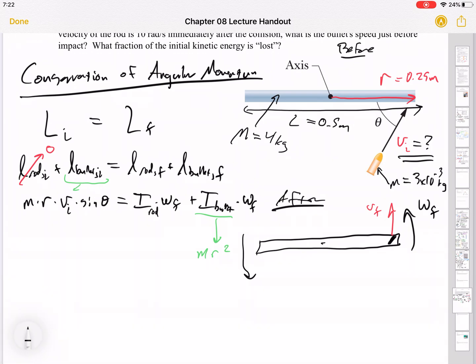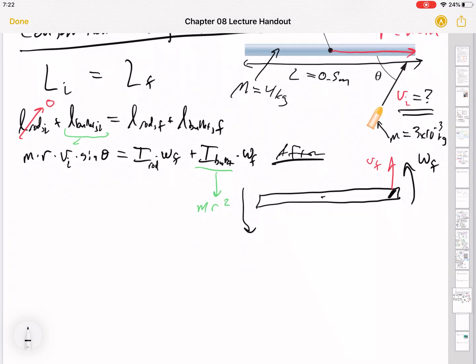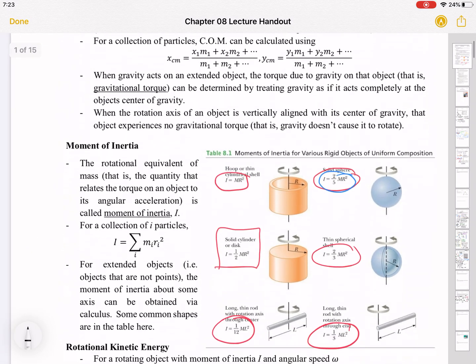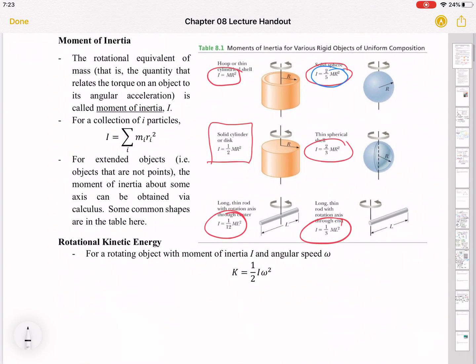Okay, so I'm going to come down here and do the next line. Let's do this: mR V initial sine theta. Those are all numbers that I know except for V initial, which I'm solving for. I for the rod: this is a uniform rod rotating about its center, so I have that equation. It's 1/12 mL squared.